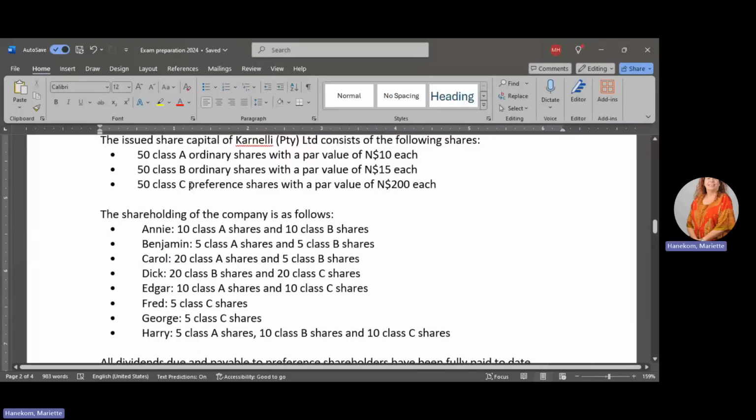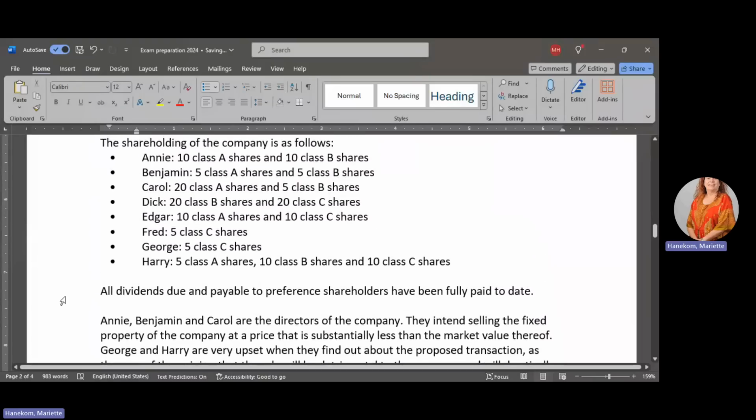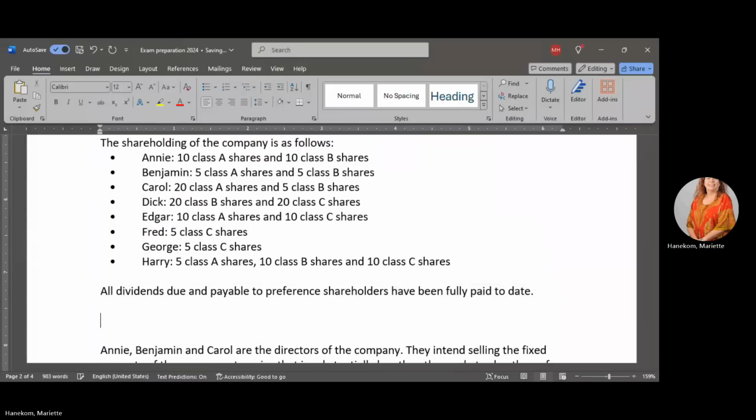Important to note there that Class C are preference shares, so they are preference shares in this company. And now I've told you all dividends payable to the preference shareholders have been fully paid to date. Why is this important?